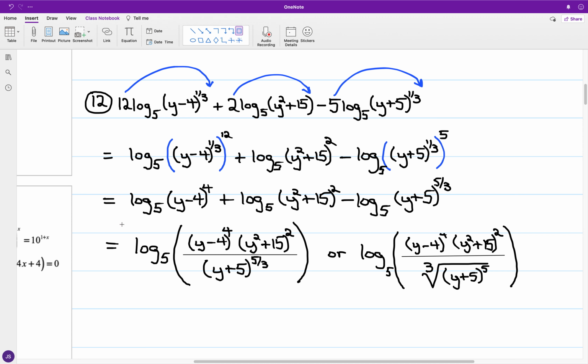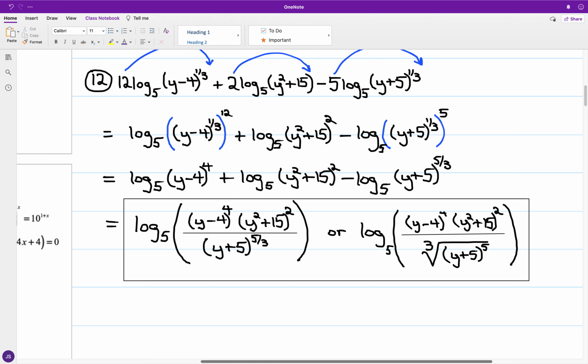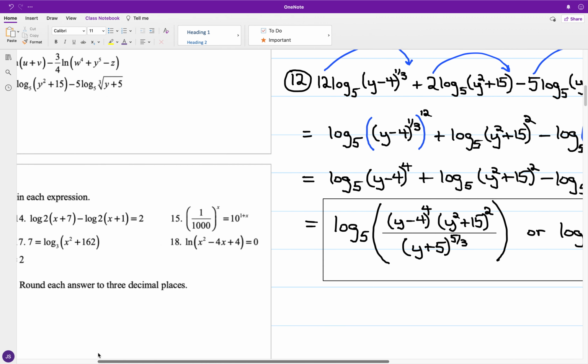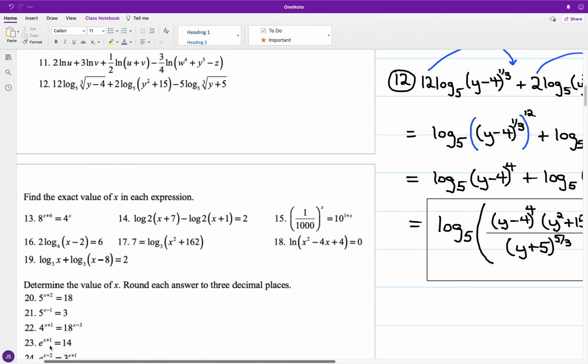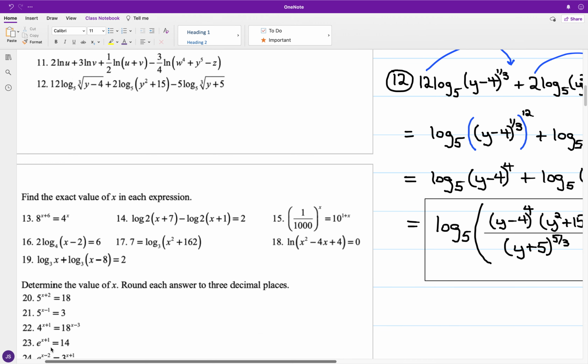Okay, now going back to exponential equations that share a common base, for number 13, we have 8 to the x plus 6 is equal to 4 to the x.